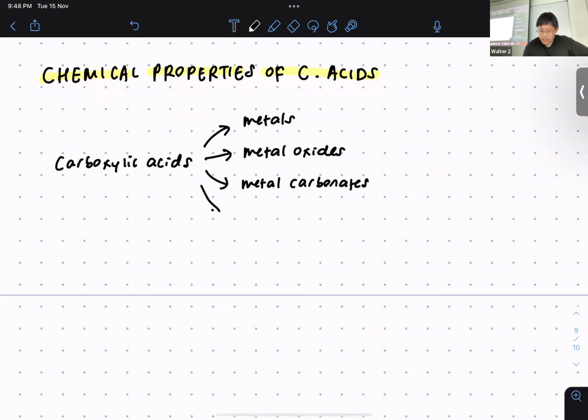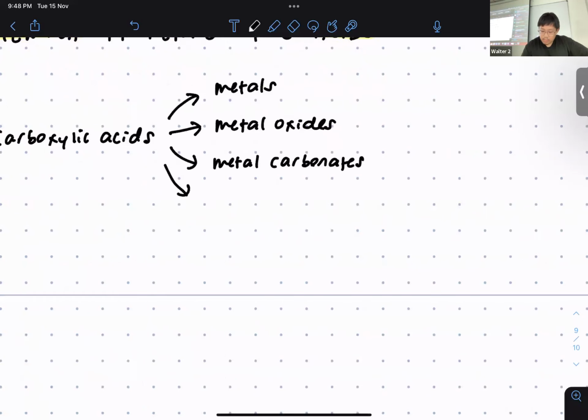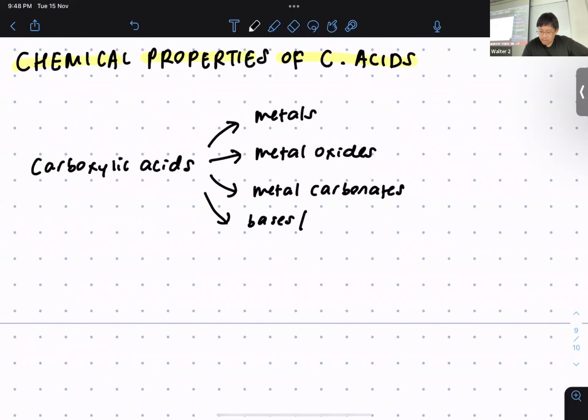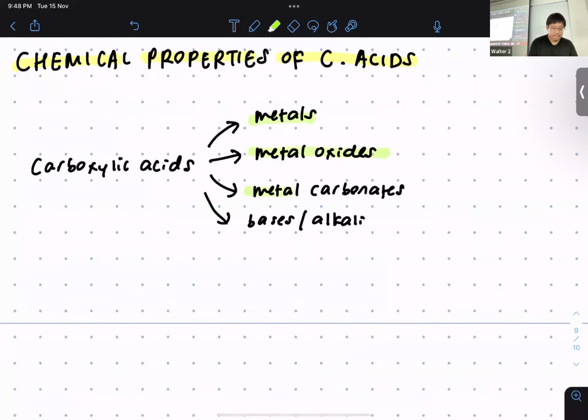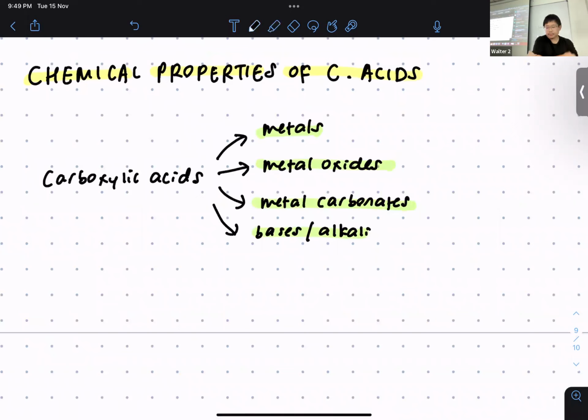And they can also react with alkaline solutions or bases. I'll give you an example of each, but we're going to use ethanoic acid as the main example, which is easier for you to understand.